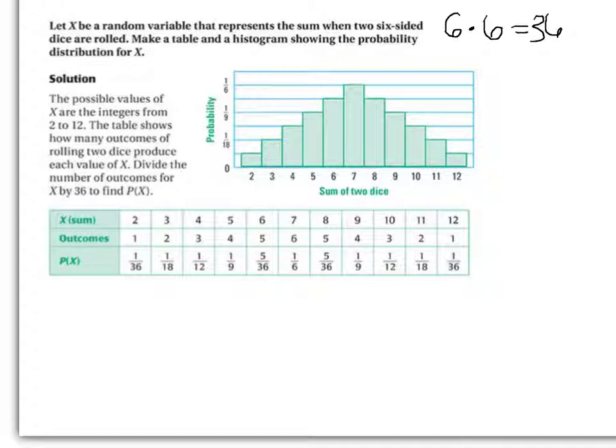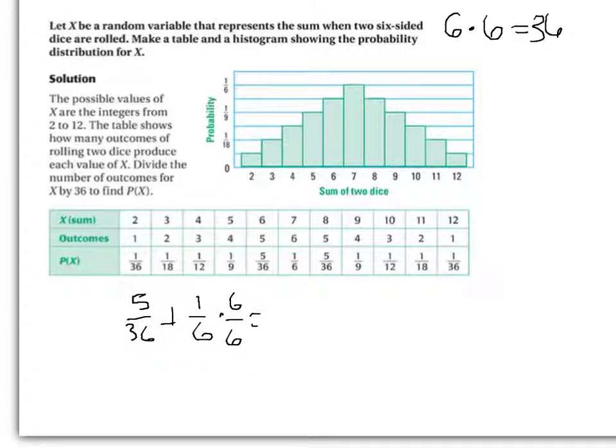So, what if I said, what's the probability of rolling a total of 6 or 7? Well, the probability of rolling a 6 was 5/36. The probability of rolling a 7 was 1/6. Add those together, you have to go 6 over 6.